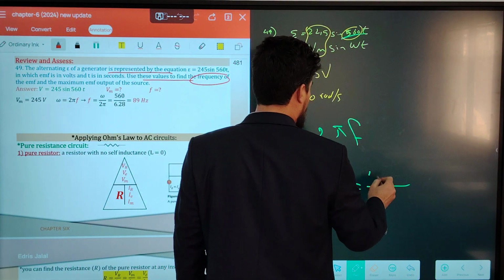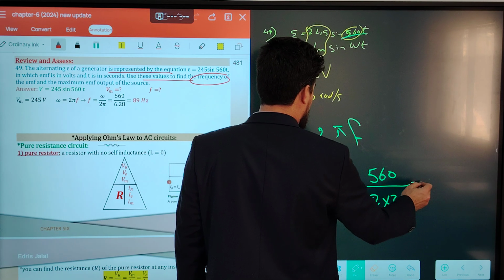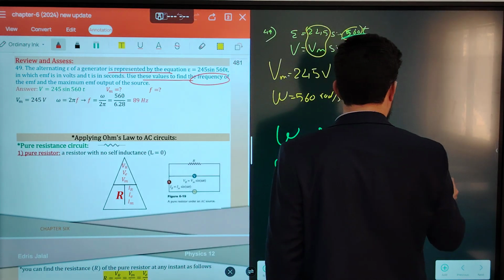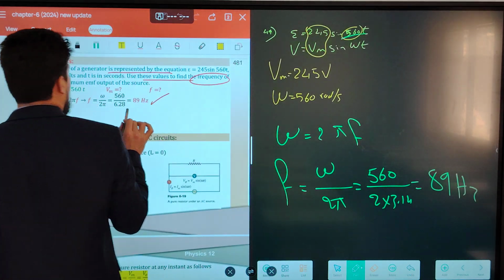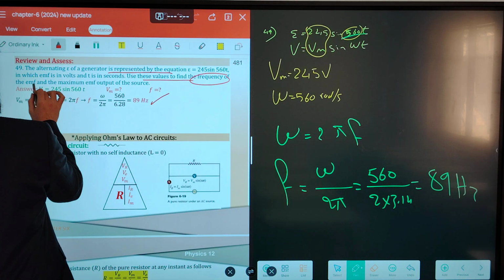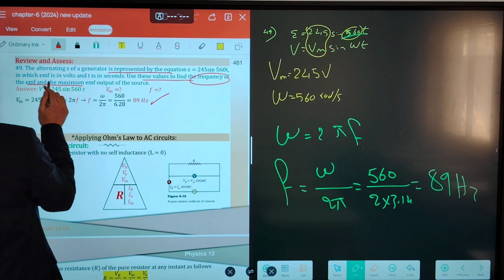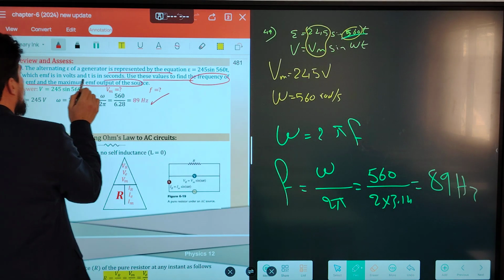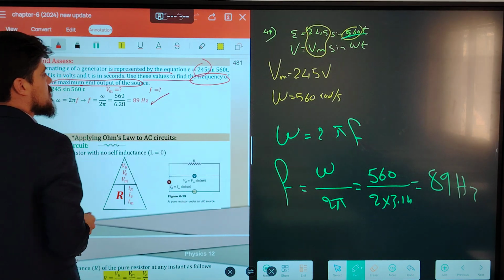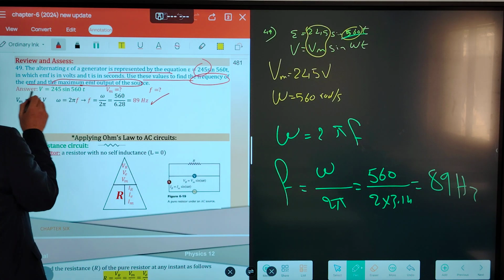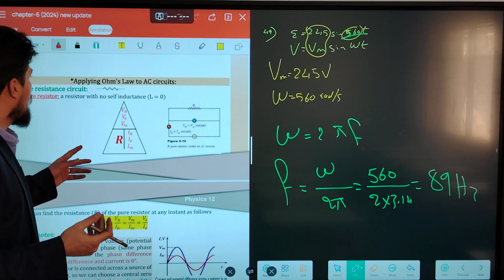Omega was given by the equation, 560 divided by 2 pi, which is 89 hertz. And the maximum EMF, maximum potential difference, is equal to what? 245. Okay? It's very easy.